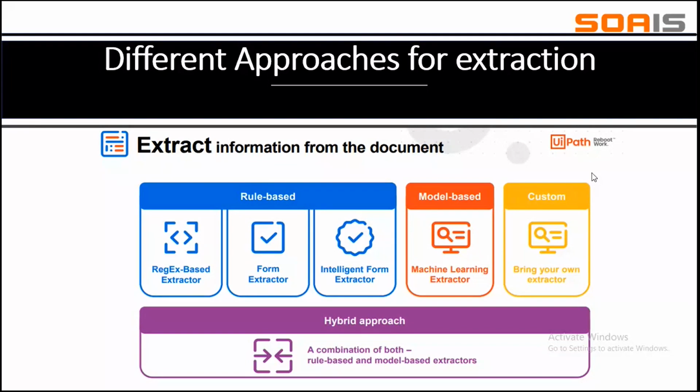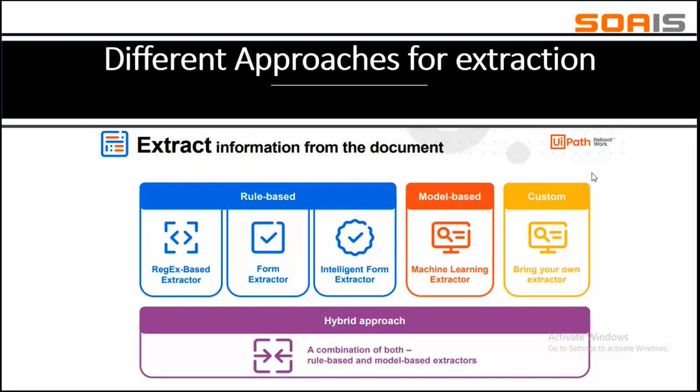This is something which is unique in the market, if I have to say. You can have both rule based as well as model based extractors in one document, used to extract the information from one document. So that is why we prefer to go for the UiPath Document Understanding framework when it comes to the extraction.